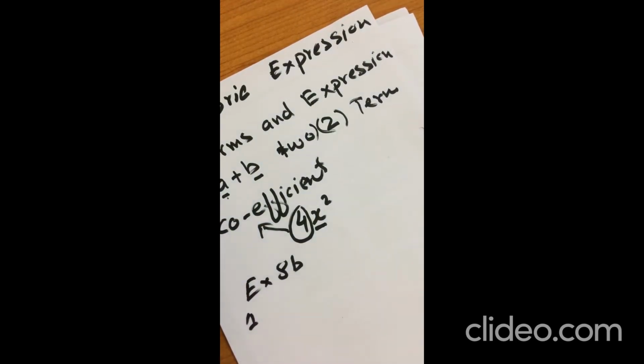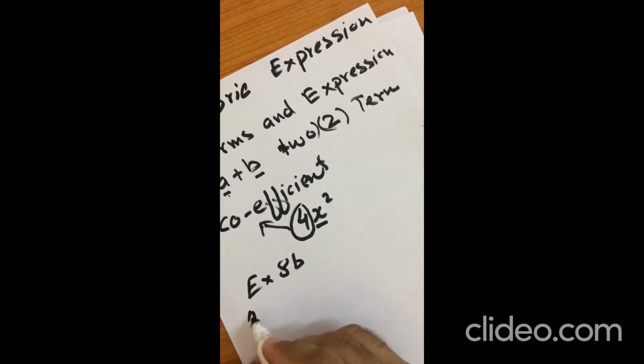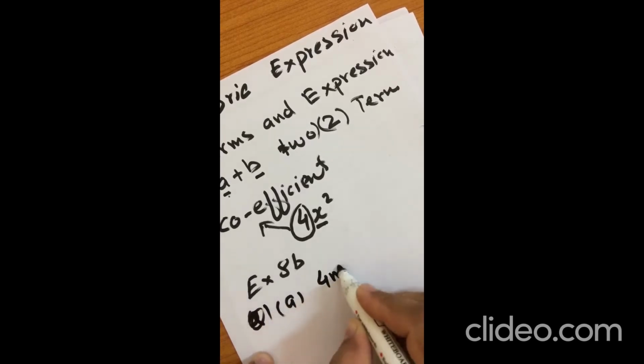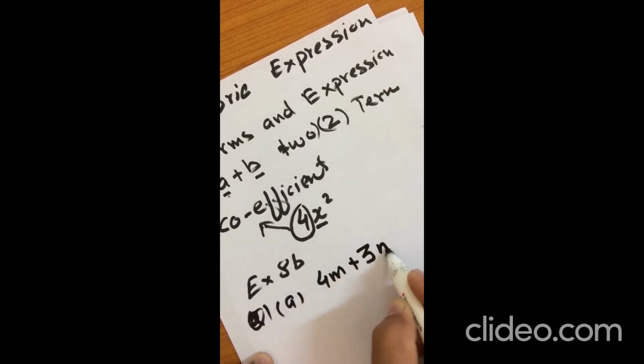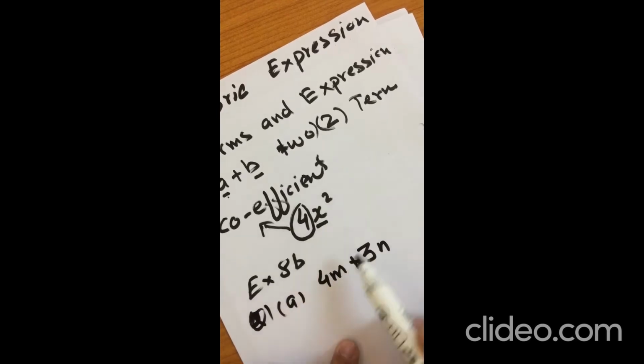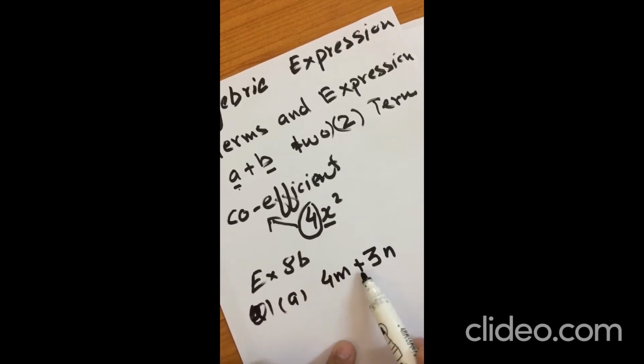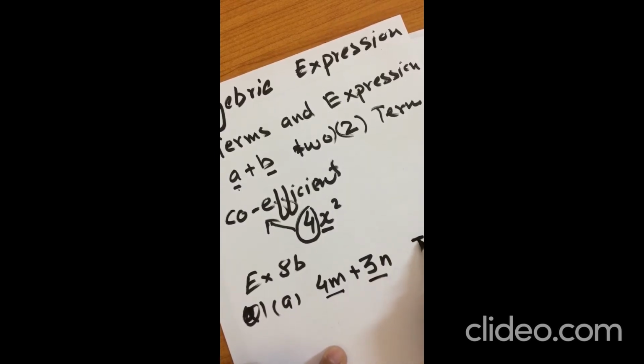So if you see that, I'll just go with question 1, part A, 4m plus 3n. Algebraic terms are actually separated by plus and minus signs. It has 1, 2. You will say two terms.